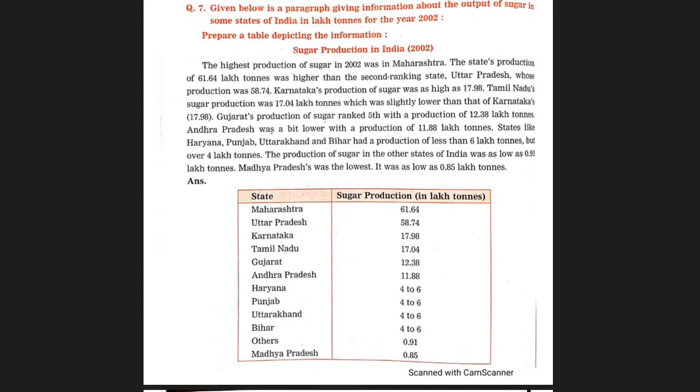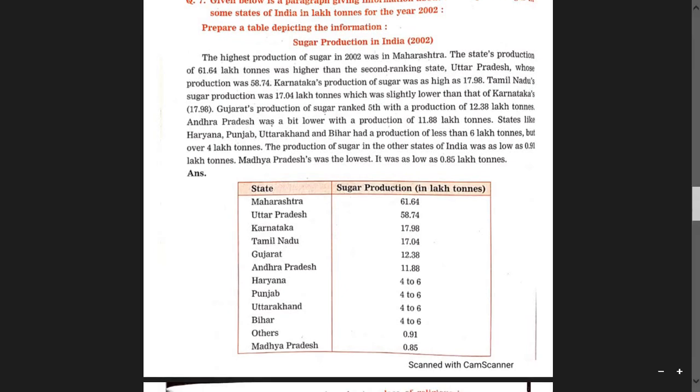Tamil Nadu's sugar production was 17.04 lakhs ton, which was slightly lower than that of Karnataka's 17.98. Gujarat's production of sugar ranked 5th with a production of 12.38 lakh tons. Andhra Pradesh was a bit lower with the production of 11.88 lakhs ton.